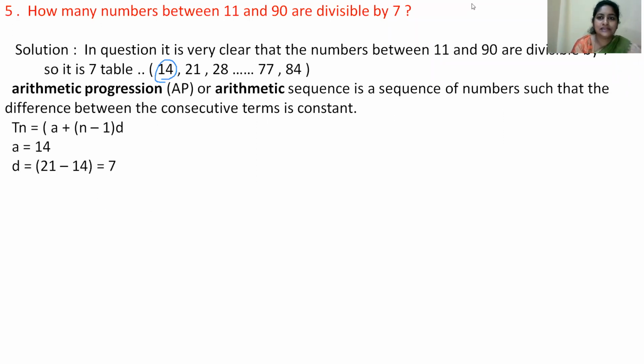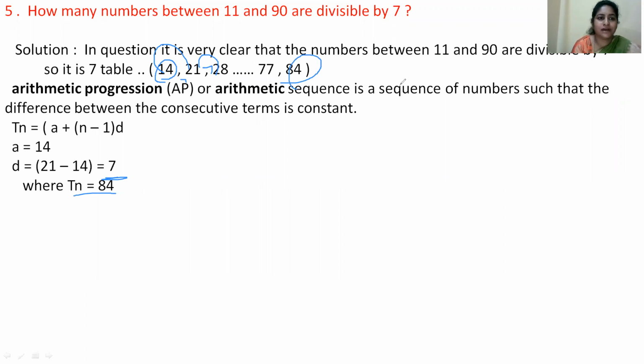D is the difference between the terms, so we got 7 here, right? This is the difference between consecutive terms. Tn is the last term in the series.